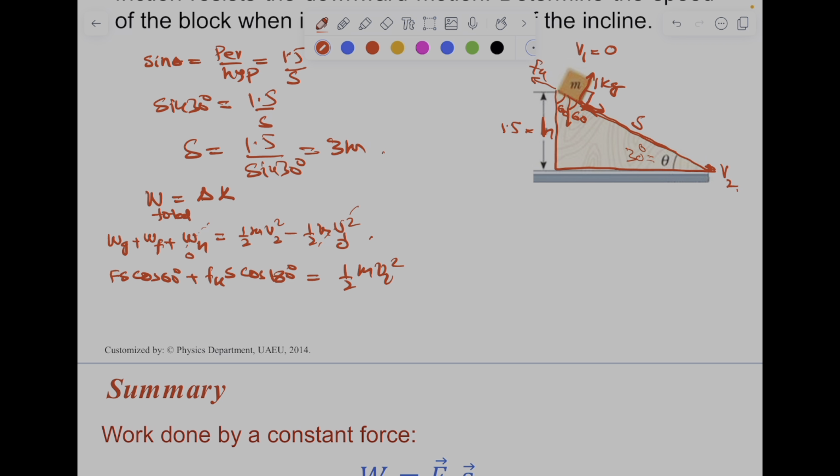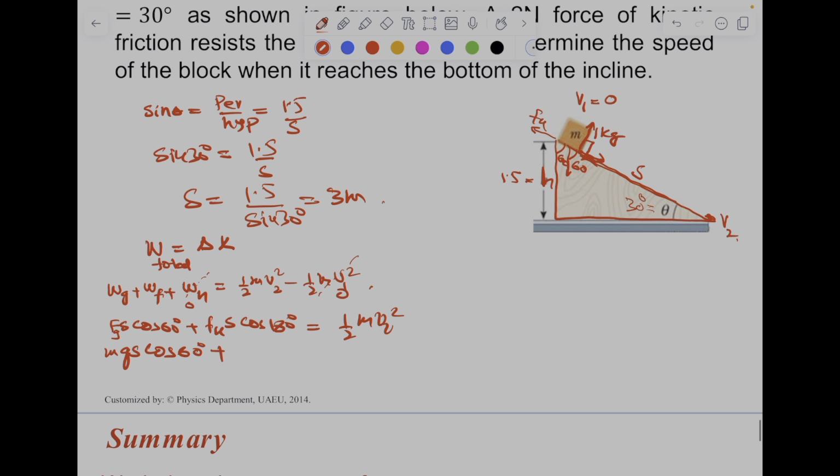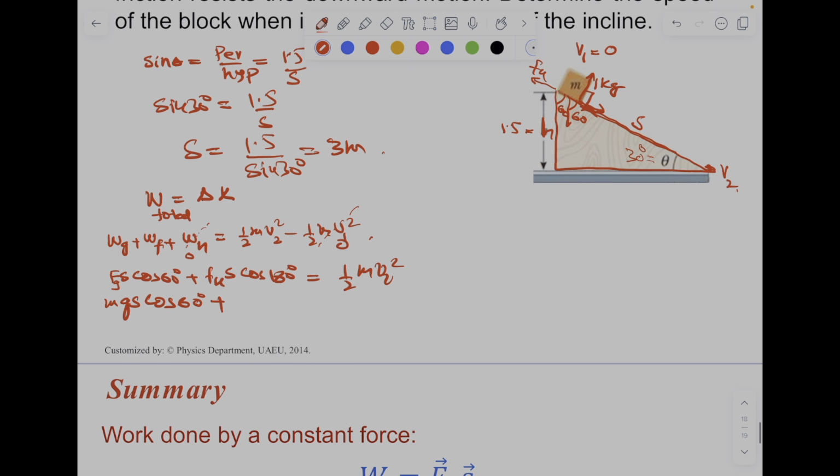v2 squared. Your F is nothing but your weight, the force of gravity, which is mg, so mgs cosine 60 plus Fk, which is given as 2 Newton.